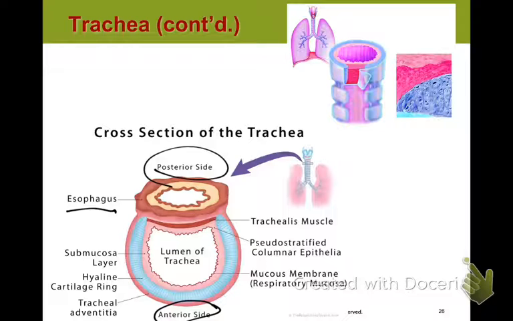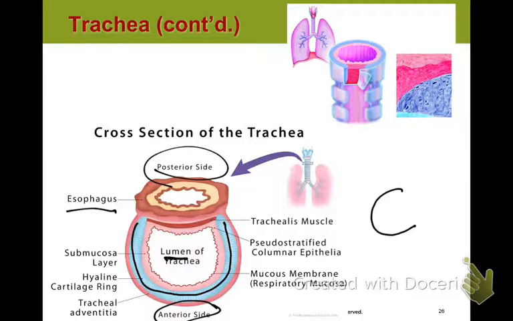On the anterior side, you can actually feel your trachea if you run your fingers up and down on your throat, and you feel the ridges of the cartilage. The cartilage is not continuous. It doesn't go all the way around. We call it a C-shaped piece of cartilage, and that is there just to keep your windpipe, your trachea, open.